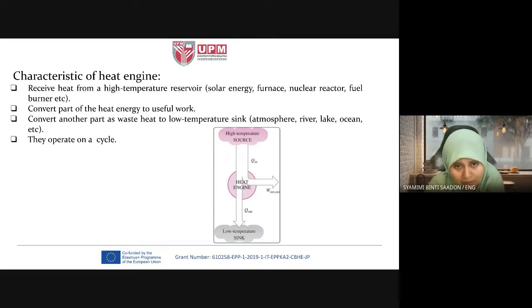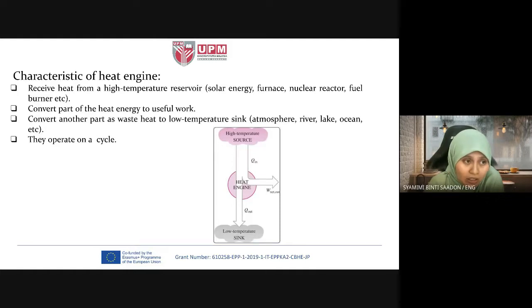Only 60% means only 60 watt of this solar energy will be converted to useful power work. The other 40 watt will be rejected, will be wasted. That is the actual case. Not all the heat source will be used.